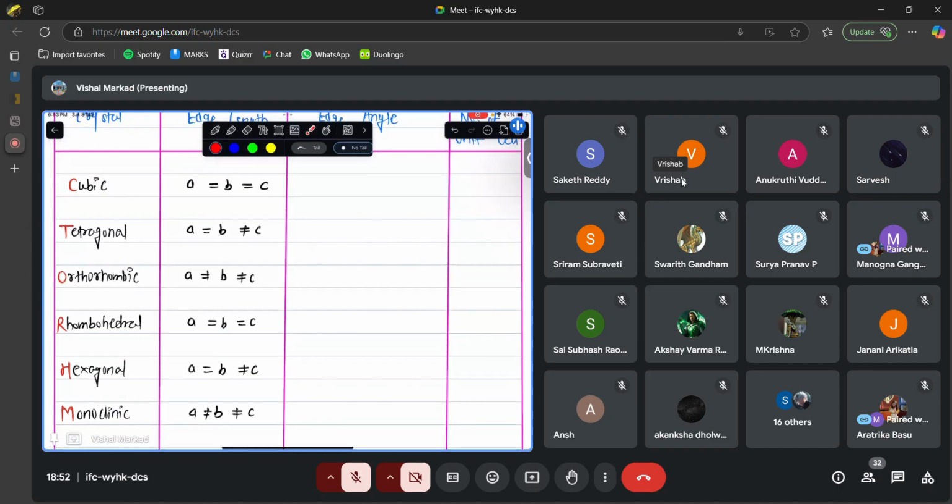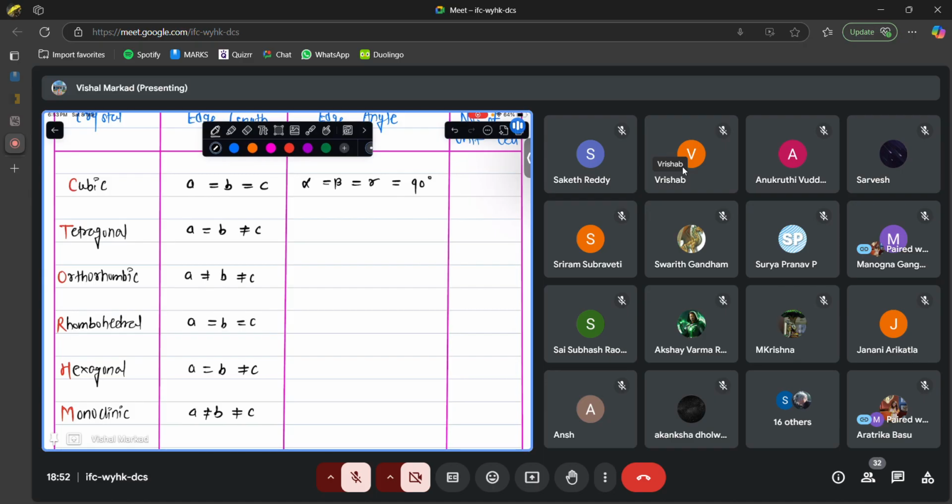Okay. Now edge angles, how to remember? Alpha equal to beta equal to gamma. Simple thing. In cubic, all three will be the same, and the value will be 90 degrees.